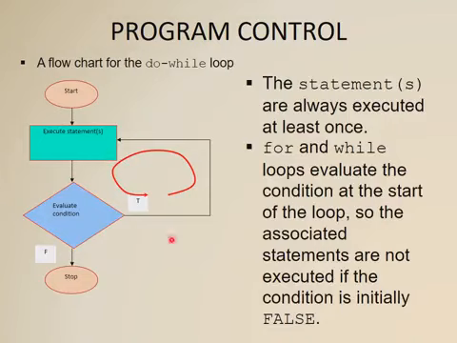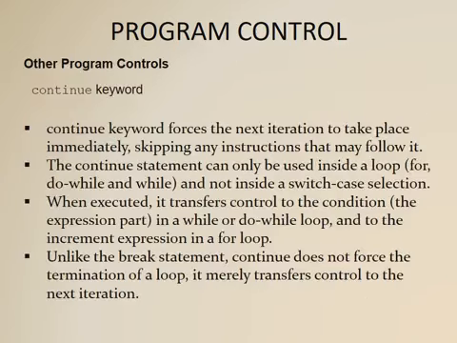This is how the flowchart of the do while loop looks. First of all, the statements will be executed at least once, and then we check the condition. If the condition is true, the statements will be executed repeatedly, and if it is false, then we stop the execution.